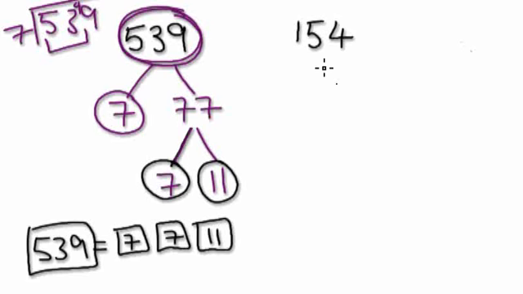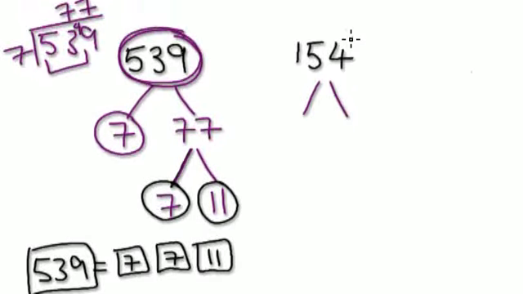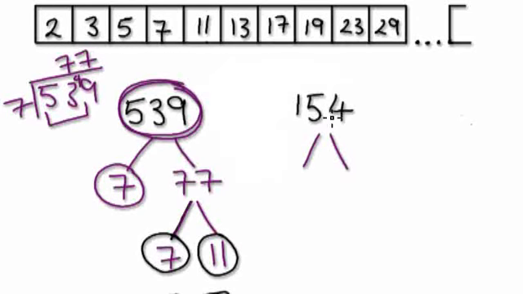Okay, now let's try and do it with this one here. This is an even number, so we can divide it by 2. So I will immediately jump to a 2. So 2 here, this would be 77 as well. Okay. So now break up the 77.